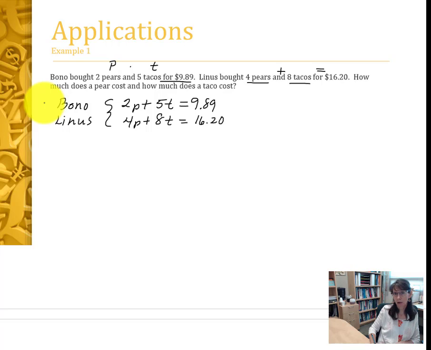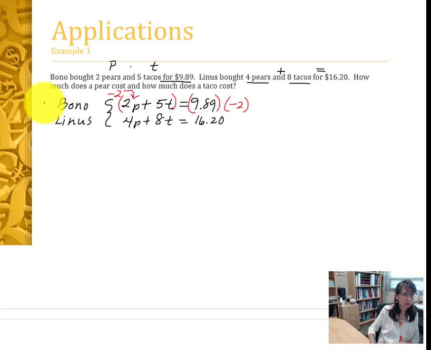2p and 4p are not going to add to make 0, but it would be fairly simple to multiply everything in the first equation by -2, and that way we would create -4p and positive 4p, and therefore elimination can be done.